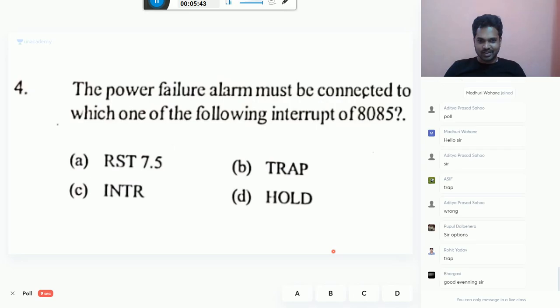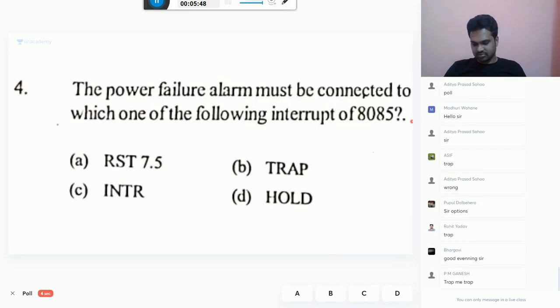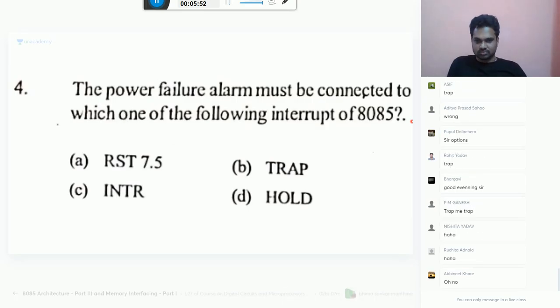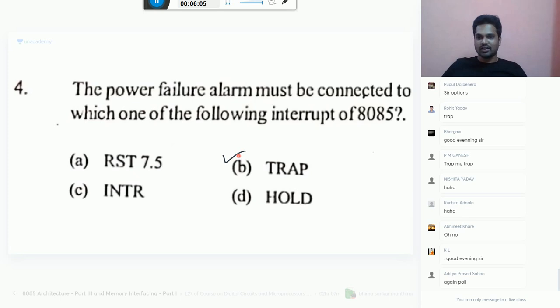It's not TRAP, I made a wrong one. I pressed the wrong thing. Most of you know this. It's TRAP only. By mistake I opted wrong. Power failure, any high priority task, must be given to TRAP. This one, TRAP only.